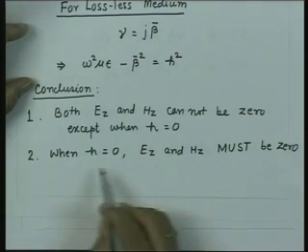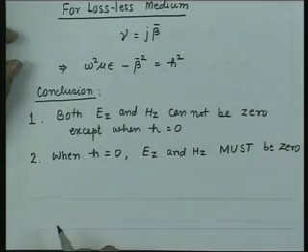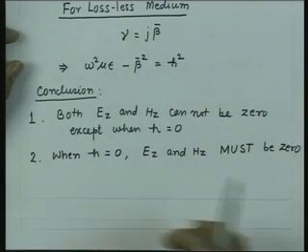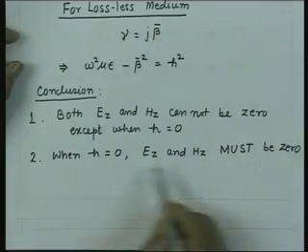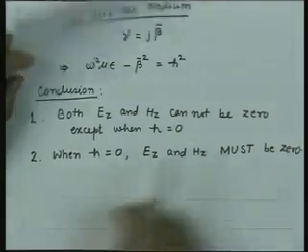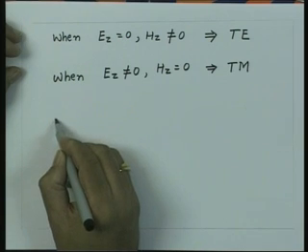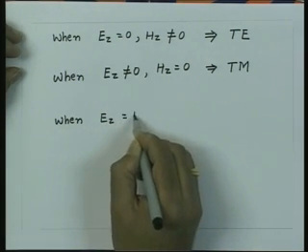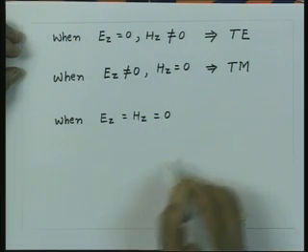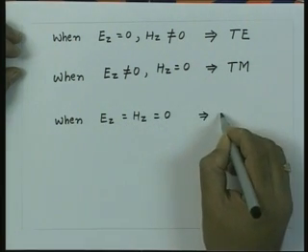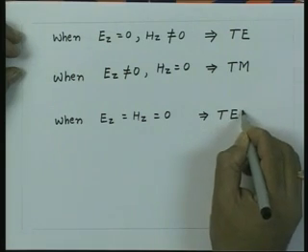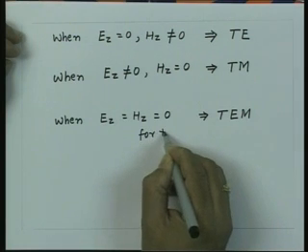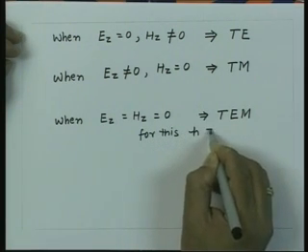So what we conclude is a very important and very profound conclusion: when Ez and Hz both are 0, which represents the transverse electromagnetic wave, for this wave h must be identically 0. So, third case, when Ez and Hz both are 0, we get a TEM wave, transverse electromagnetic, and for this h has to be 0.